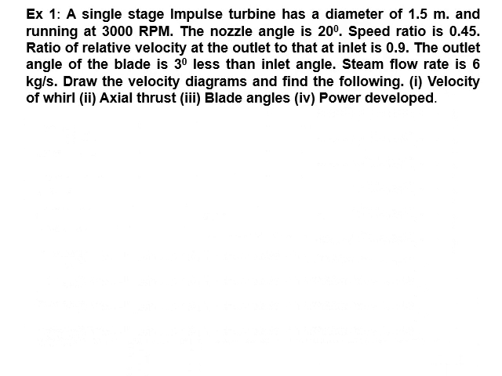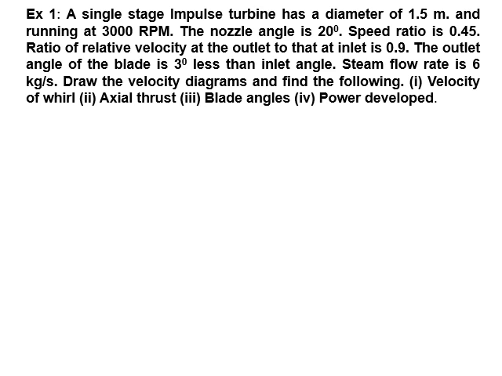Now move on to the first numerical on the single stage impulse turbine. A single stage impulse turbine has a diameter of 1.5 meter and is running at 3000 rpm. The nozzle angle is 20 degree. Speed ratio is 0.45. Ratio of relative velocity at outlet to that at inlet is 0.9.